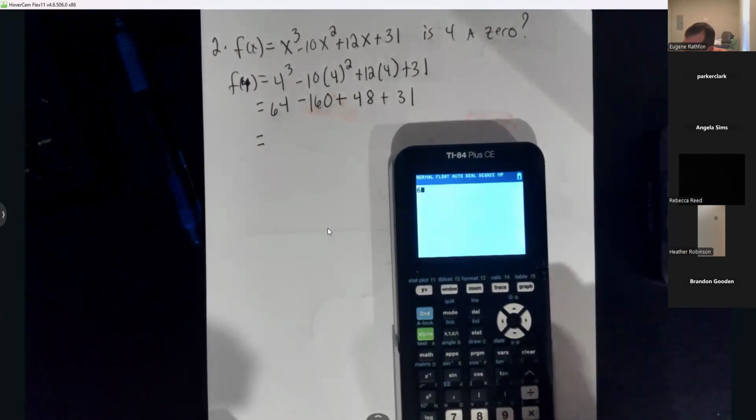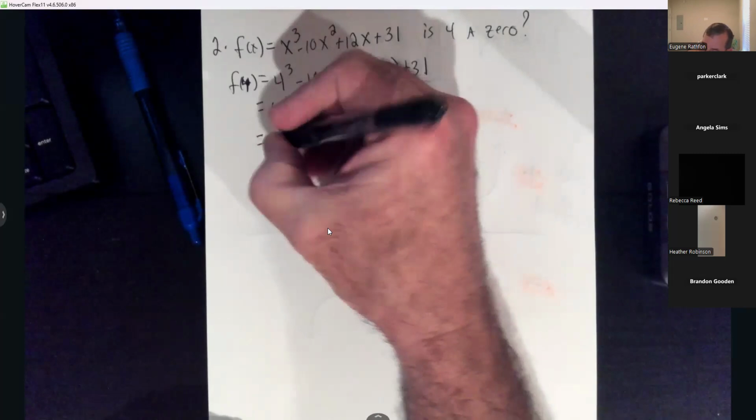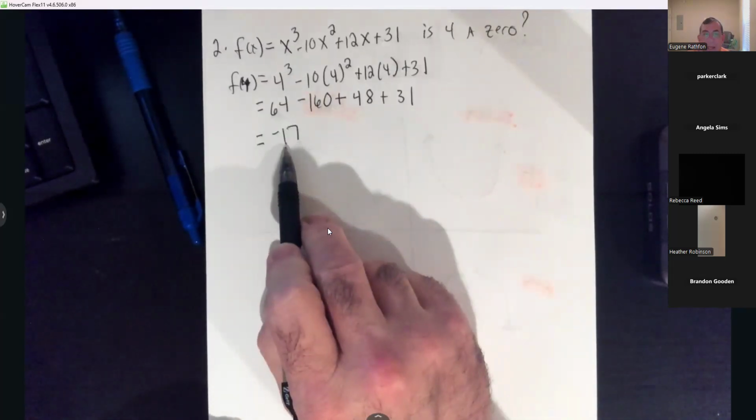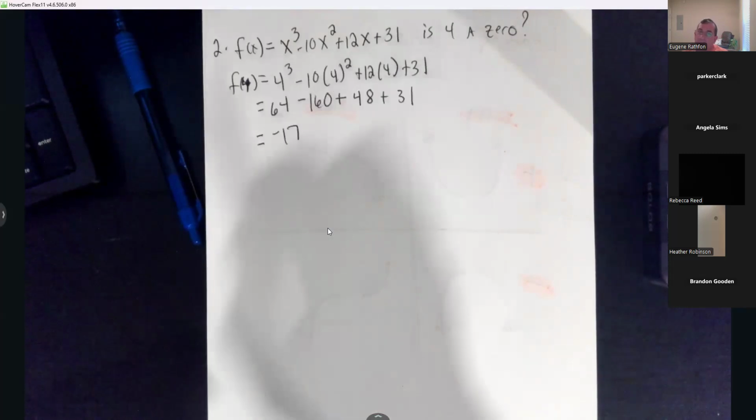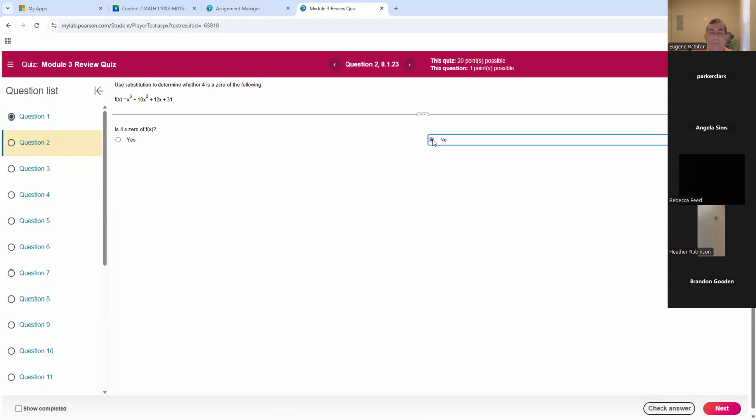I got 64 minus 160 plus 48 plus 31. I get negative 17 for that. So since I got negative 17 and not 0, that means we're going to put no for that answer. Okay, that's all you're checking. Put your number in, and if you get 0, it's yes. Any other number is no.